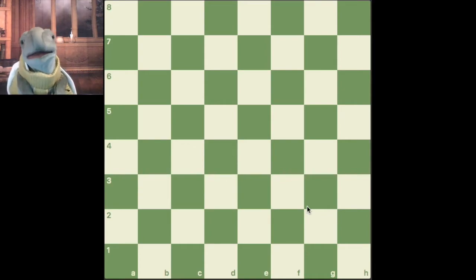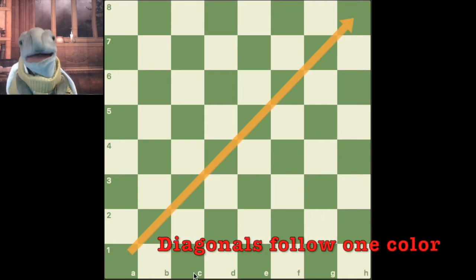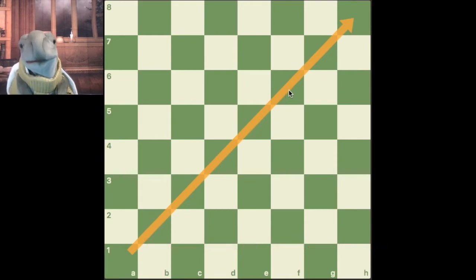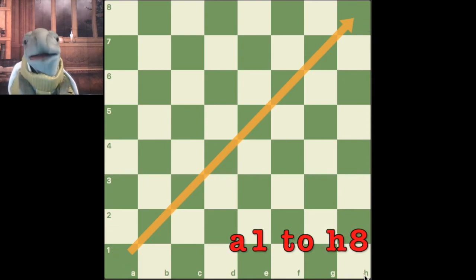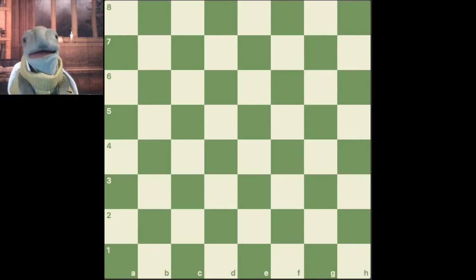Our final roadway on the chessboard is the diagonal. Diagonals extend diagonally, meaning you're moving on the same color. This diagonal is the A1 to H8 diagonal. You name a diagonal by finding the 2 farthest squares and naming those.